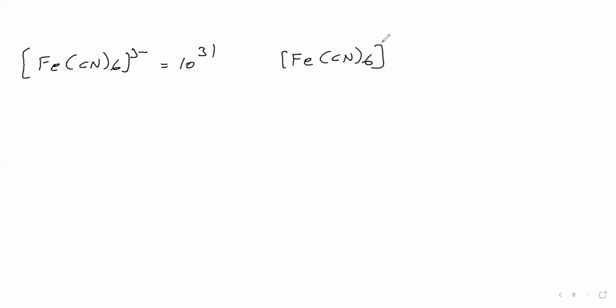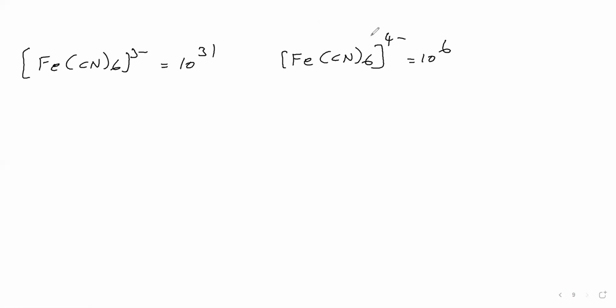Now we will take the complex Fe(CN)6 3-. Its stability constant is 10 power 31. Then we take Fe(CN)6 4-. Its stability constant is 10 power 6. Why is the stability constant different? A different stability constant means different stability.